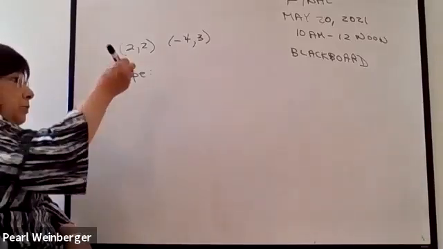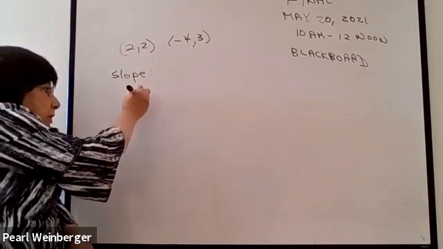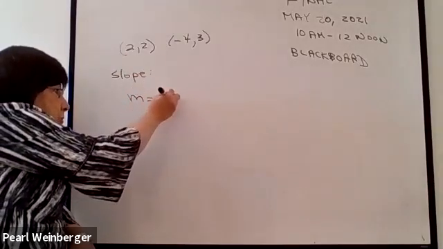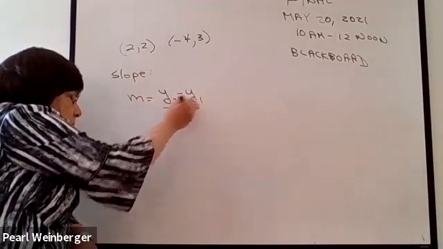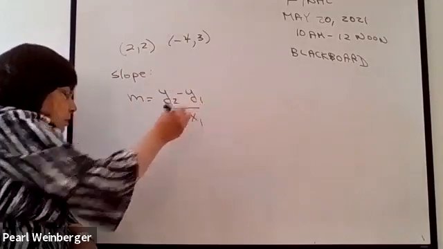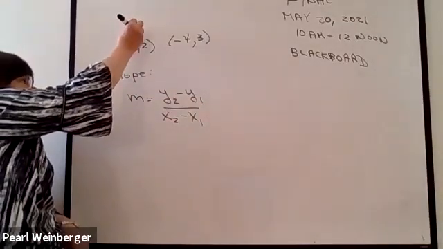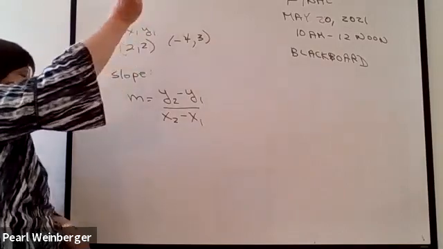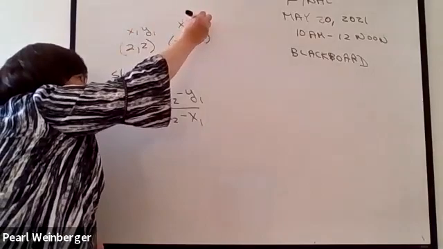Okay, if you remember how we do the slope, the formula for slope is y2 minus y1 over x2 minus x1. We call one of our points x1, y1. It doesn't matter which one, but the other one then becomes x2, y2.